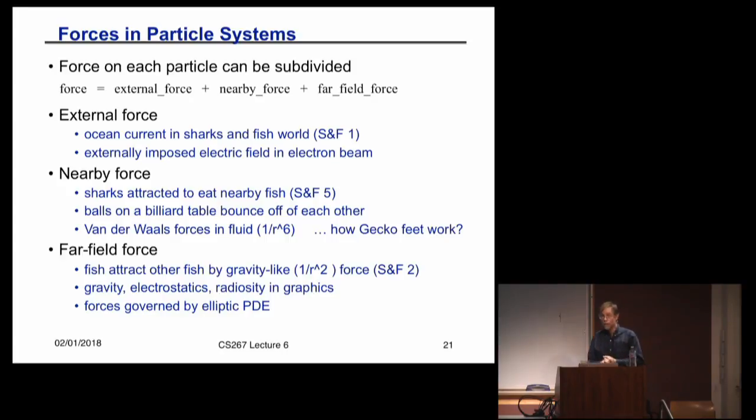And then the one that requires the hardest math, and which has won many prizes, in fact, is the far field force. When everybody depends on everybody, the simplest example would be a 1 over r squared law for gravity or electrostatics.